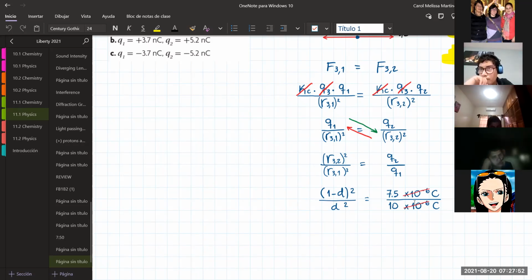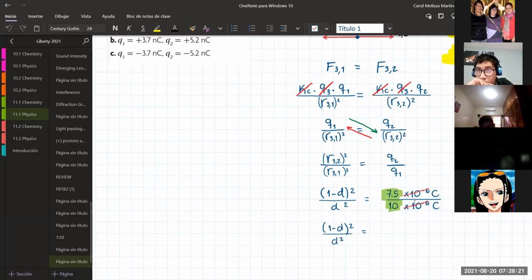That will be okay. Now, how much is 7.5 divided by 10? 0.75. Okay, so we are basically just working with this fraction.